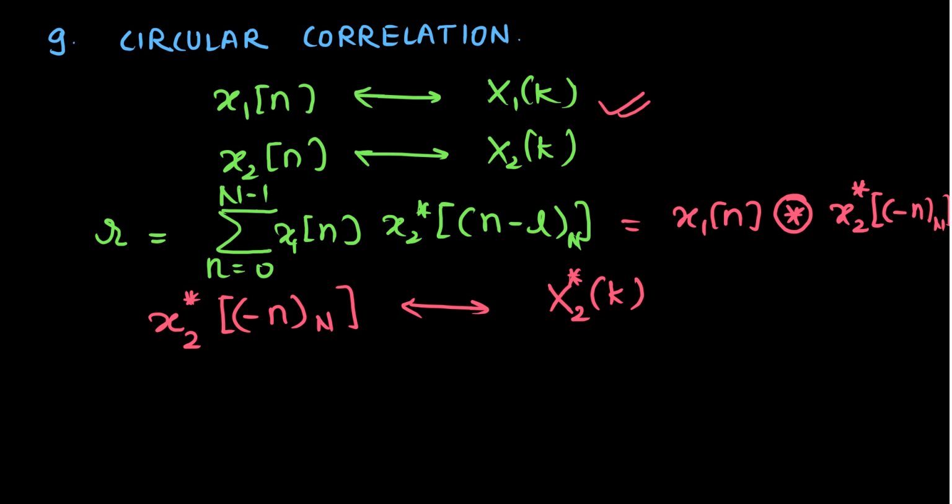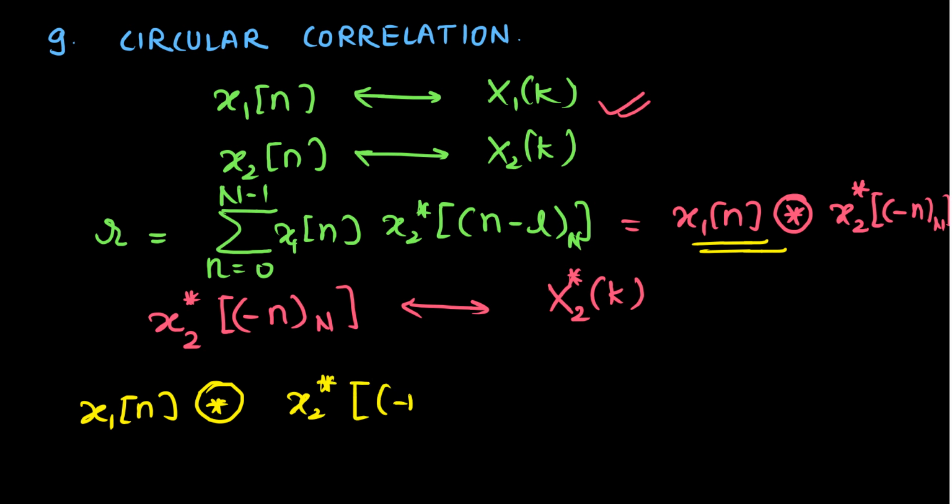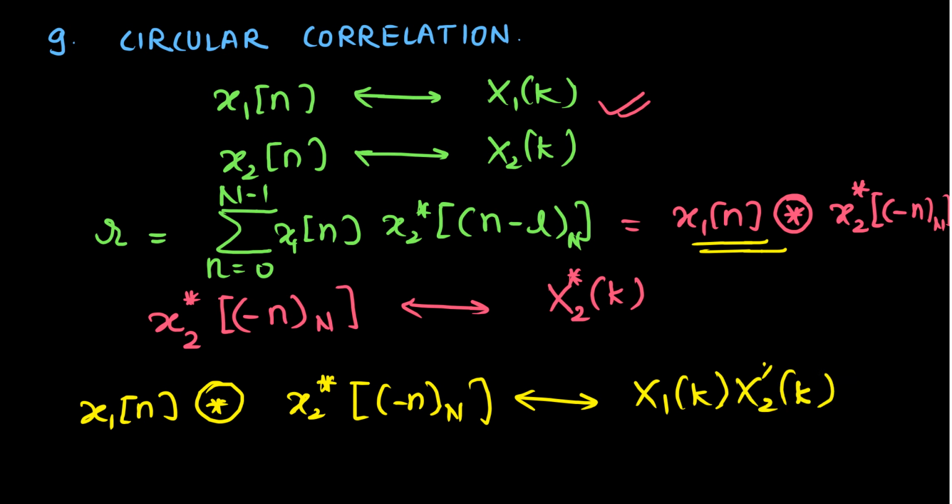And we know that convolution in the time domain is simply multiplication in the frequency domain, and therefore x1 of n circularly convolved with x2 conjugate of minus n modulo N results in X1 of k multiplied by X2 conjugate of k. So this is known as the circular correlation property for DFT.